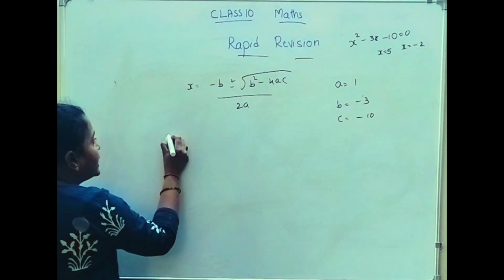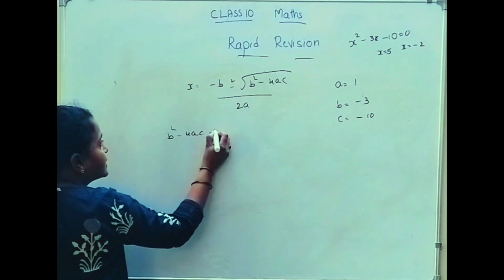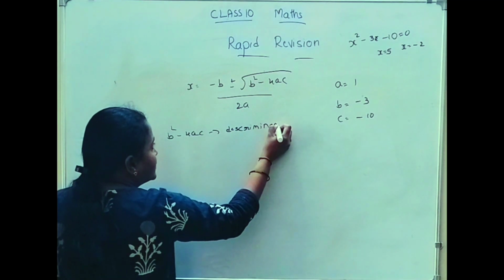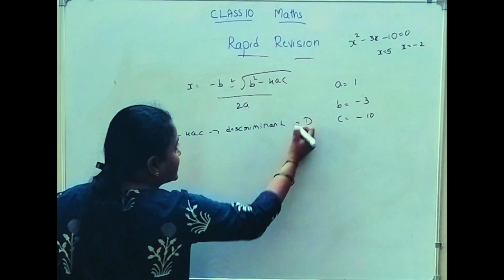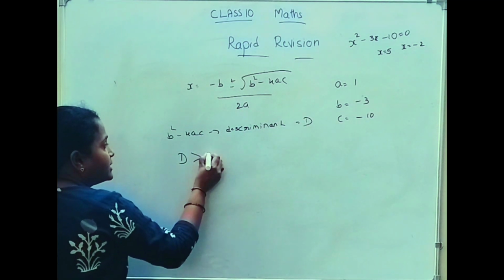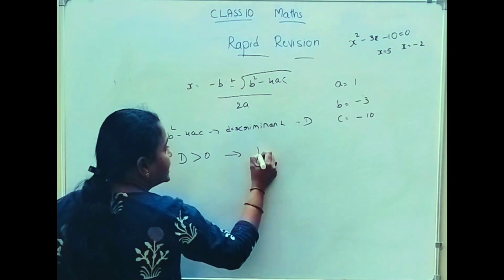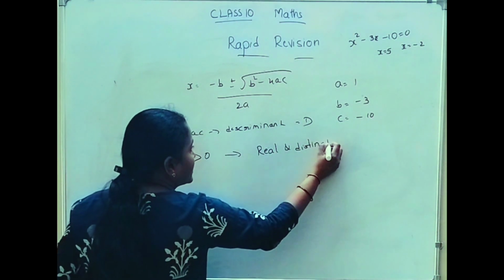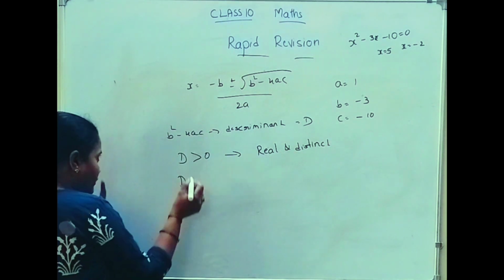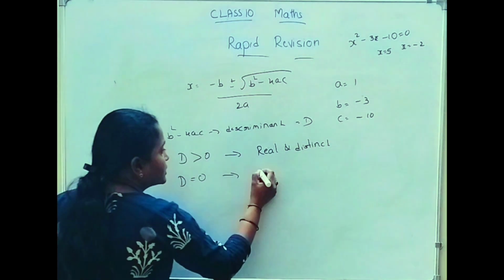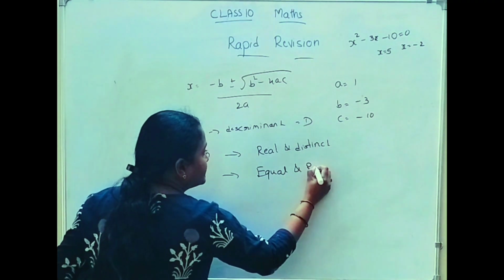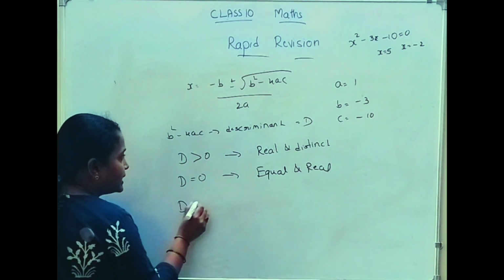Before going to the solution, let's discuss this. We call b square minus 4ac the discriminant, and we can name it D. If D is greater than 0, then the roots are real and distinct. If the discriminant, b square minus 4ac, is 0, then the roots are equal and real.